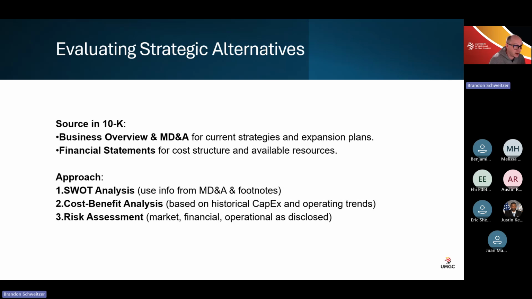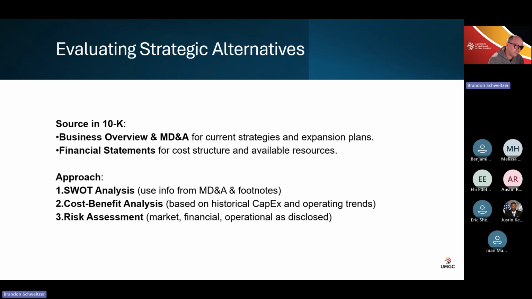Do a cost benefit analysis. You can do this based off of historical capital expenditures and operating trends. If you can find the capital expenditures part of their budgeting process, that's really where we're going to find it. A capital expenditures ratio will be helpful as well. And then also do a risk assessment on the company.